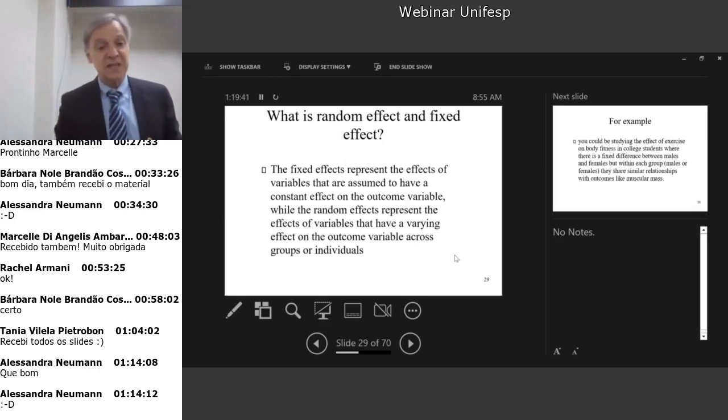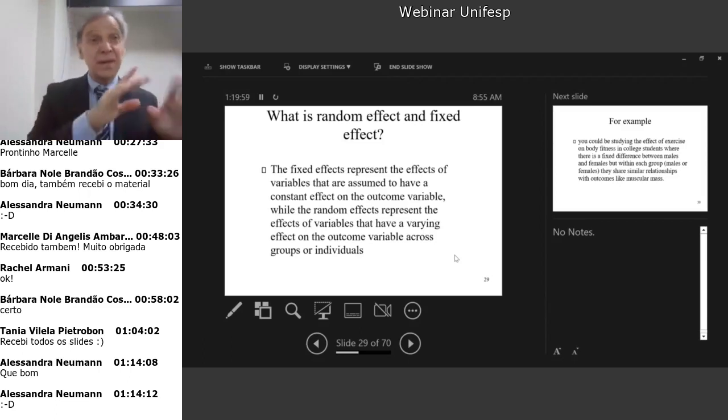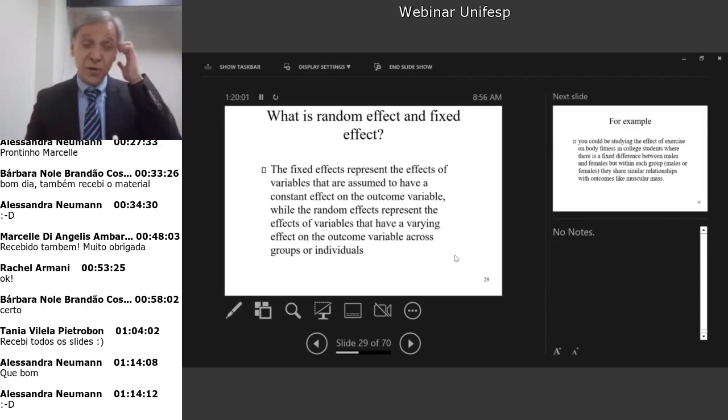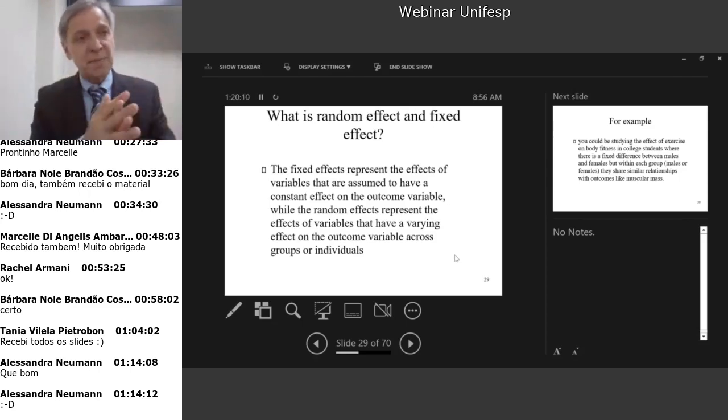So fixed effects represent the effect of variables they assumed to have. By the way, fixed and random effects, it's speaking statistically. Think about regression, multivariate linear regression, okay? And why would I need a fixed and random effect? Those two issues come up in linear regression, usually multivariate regression, when, for instance, you sample where the unit of sampling is a group, but the unit of analysis is the subjects within the group.